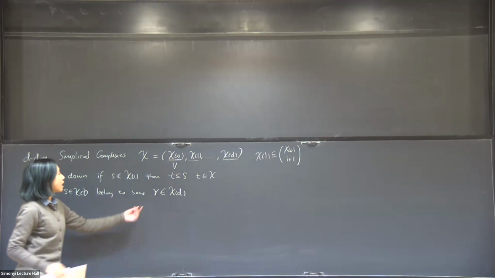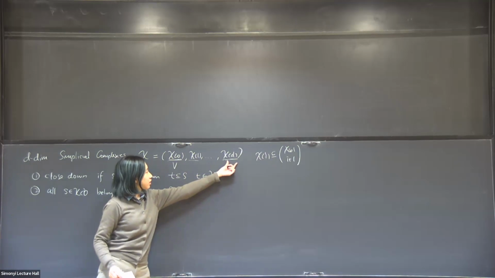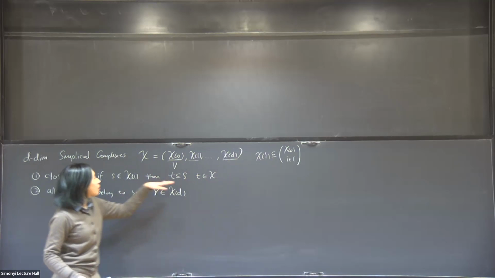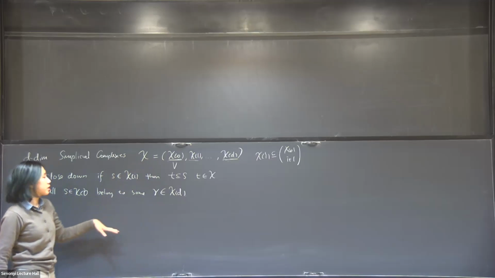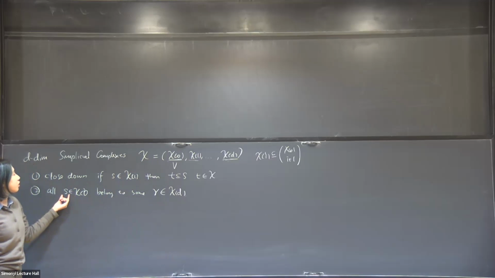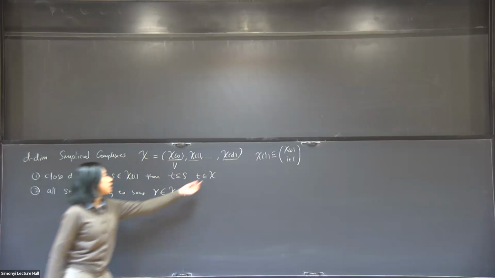That is to say, the top level faces basically define the entire simplicial complex, because every single smaller face comes from a larger, D face.